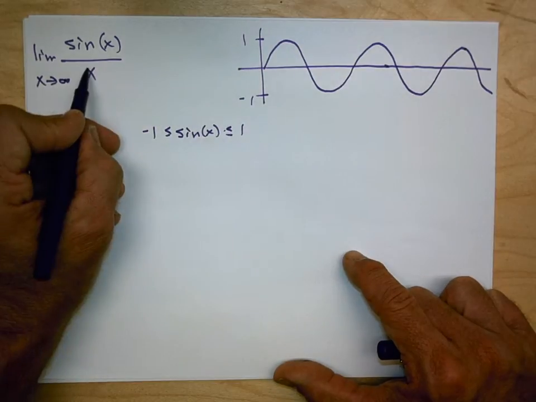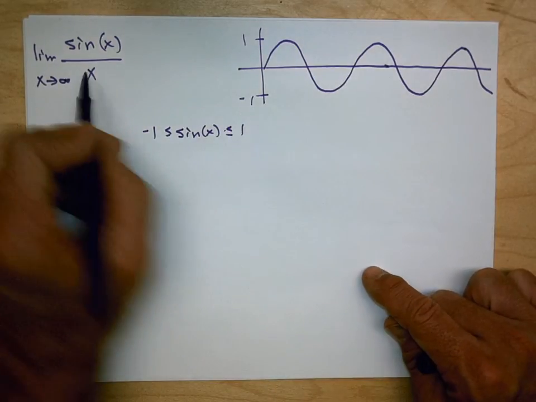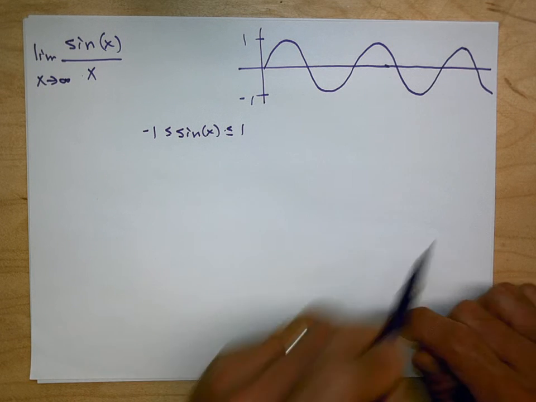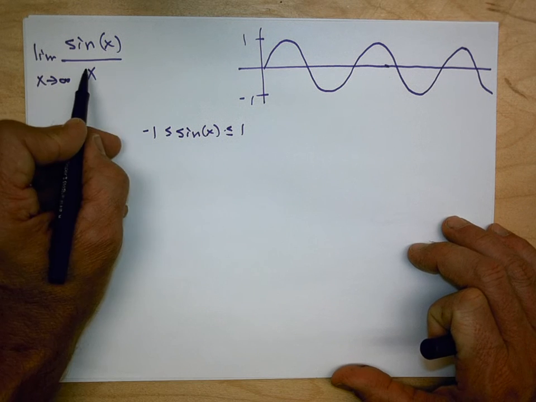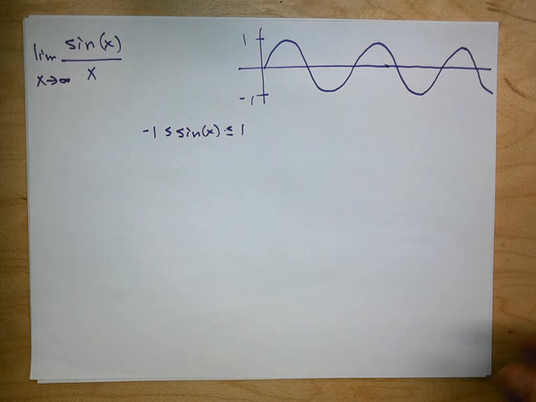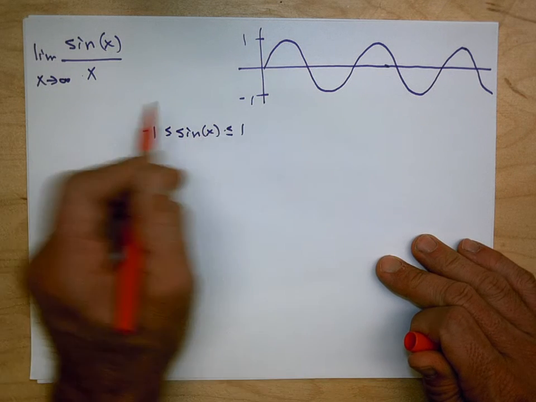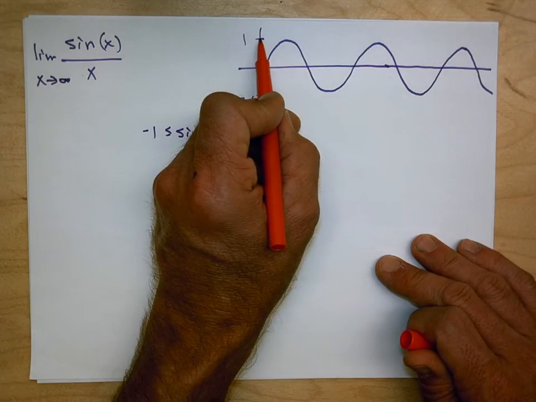But x is going to grow. So as x gets larger and larger and larger, these will get smaller and smaller and smaller. So ultimately what's going to happen here, we have what's called kind of a damping factor. So if we look at what this looks like, well, at 0 it's undefined, and actually it's going to start up near 1. We've already investigated this function.